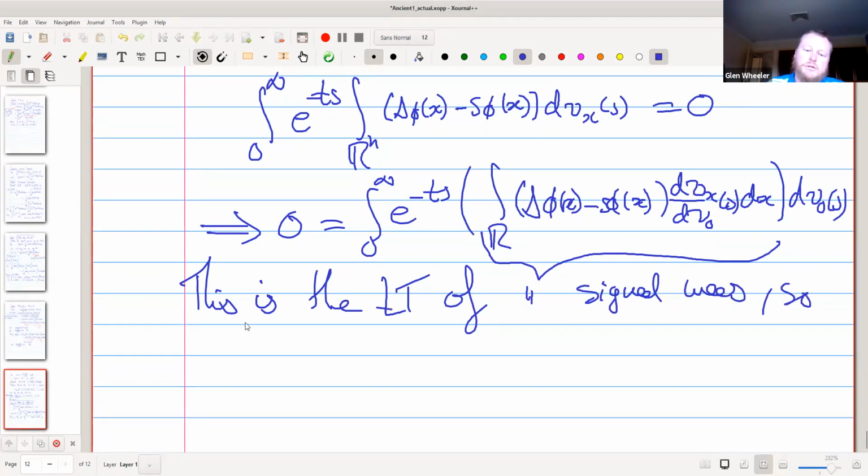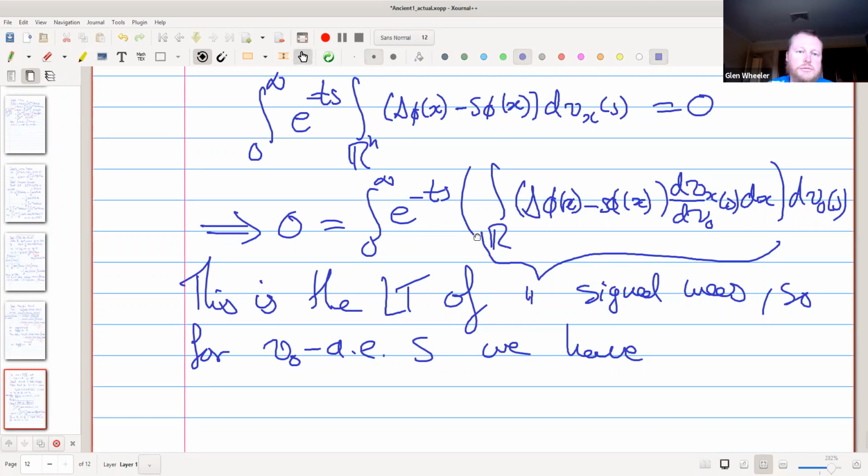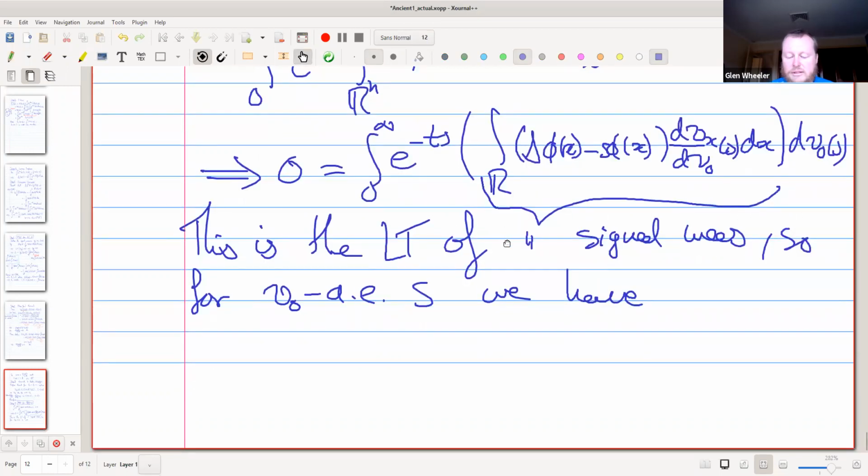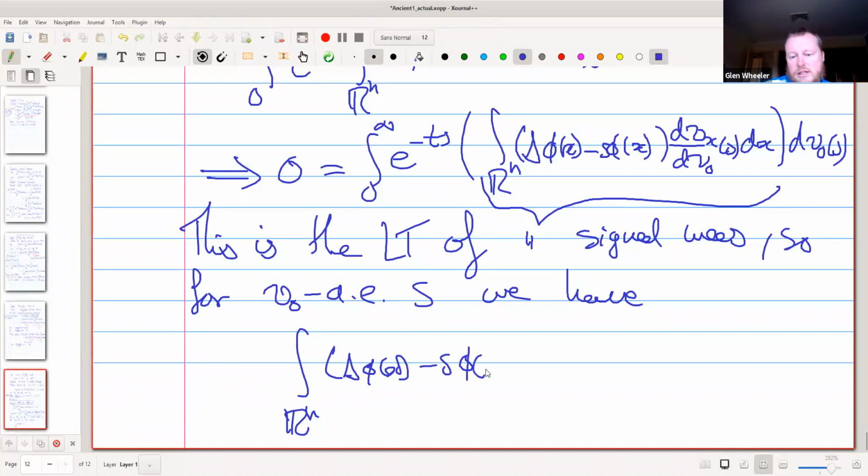So for ν_0 almost every s, what do we have? We're out of space, so I'm just going to write it at the bottom. The integral on R^n, it's an n again, of Δφ(x) minus sφ(x), and this is dν_x/dν_0(s) dx, equals 0.